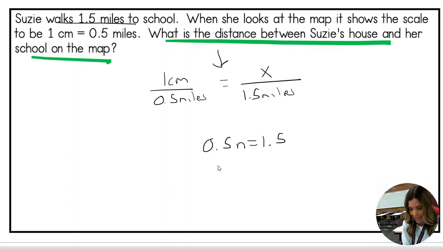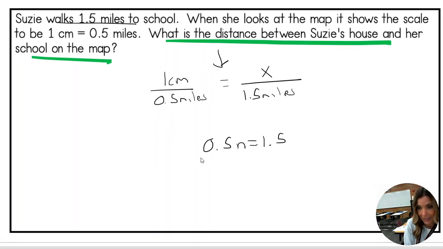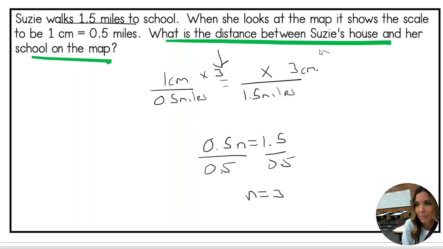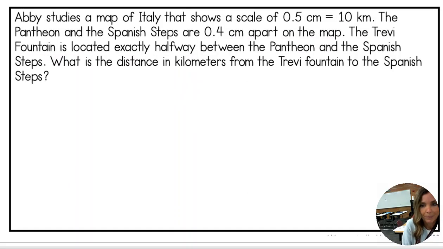So if I take 1.5 and I divide by 0.5, right, because to solve this, I'm going to divide both sides by 0.5, that's going to give me a 3. That's our scale factor. So 1 centimeter times 3 gives us 3 centimeters. So if you were to measure on the map, where 1 centimeter equals 0.5 miles, you would measure that the distance between her house and the school is 3 centimeters.